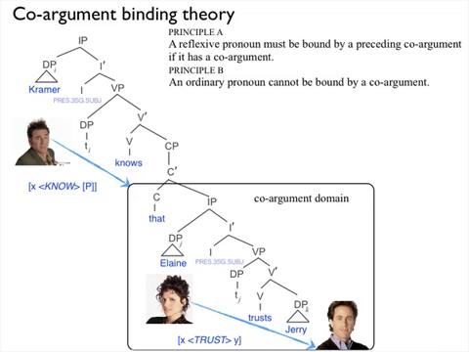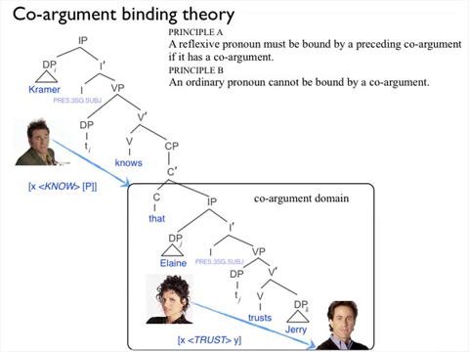And so what I'm going to do now is just take you through this version of the theory stated in terms of these two principles, and then I'm going to contrast that version of the theory with another version, and this is just following what the textbook does, right? Because the textbook says, okay, here's standard classic binding theory, here's co-argument binding theory.